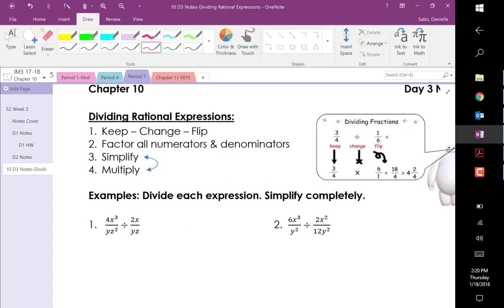So we keep the first fraction, change the division to multiplication, and flip the next fraction. It's just rearranging, and then everything else is what we did yesterday.